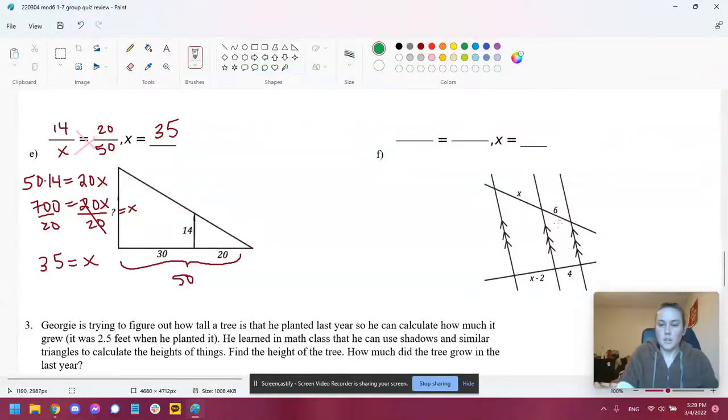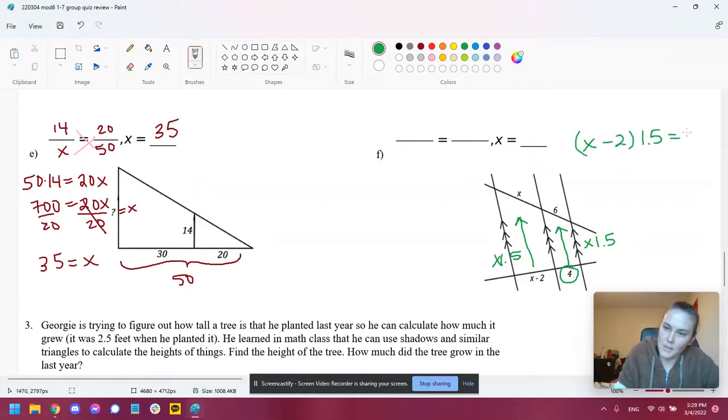And then over here, I could use scale factor. I could say 4 times 1.5 is 6. I was so excited because I know that one. And then I could say, okay, x minus 2 times 1.5 is x. So over here, I could say x minus 2 times 1.5 equals x. That's a little bit silly.